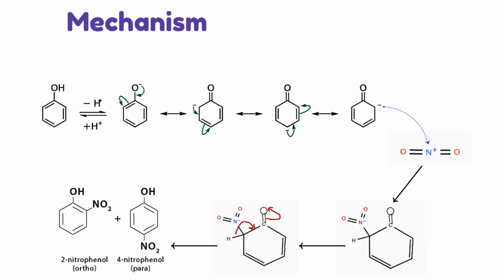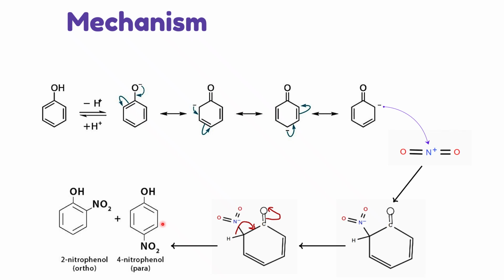Now what will happen? This electrophilic species will react with phenol, because the benzene ring in the phenol is going to attack this particular electrophile and result in the formation of nitrophenol. Remember that since there was involvement of the benzene ring, this particular mechanism is an electrophilic substitution reaction.